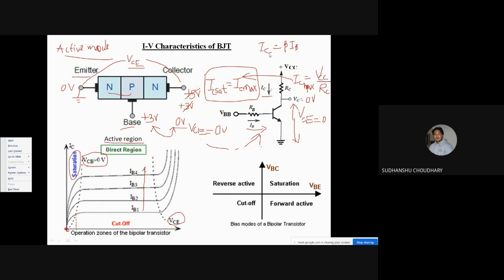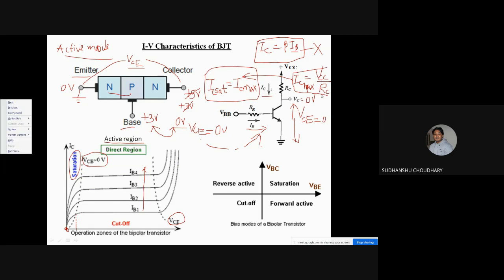Even if you increase the base current, it has no effect. The collector current stays the same, the maximum collector current, equal to VCC by RC.